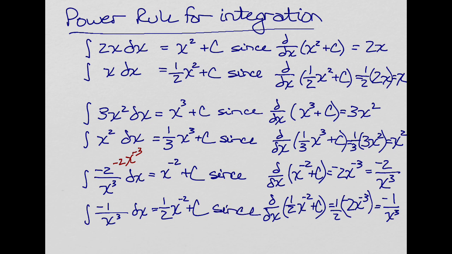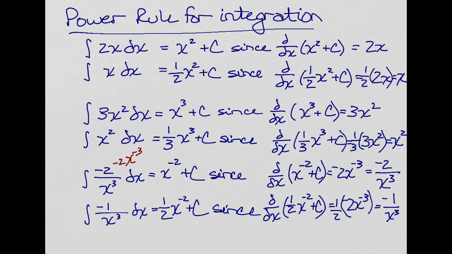These are all power functions, x raised to a power. Let's take a look through here at what's happening and see if we can come up with a nice general power rule for integration. When I integrated x, I got 1/2 x squared. So the power went up by 1.